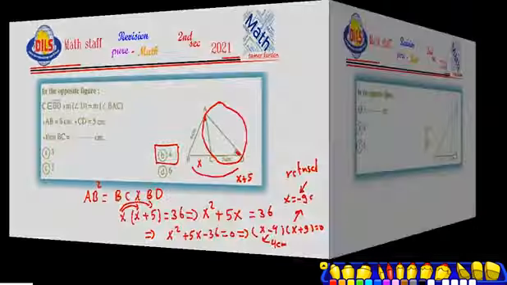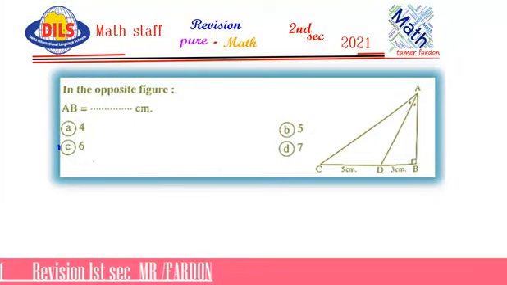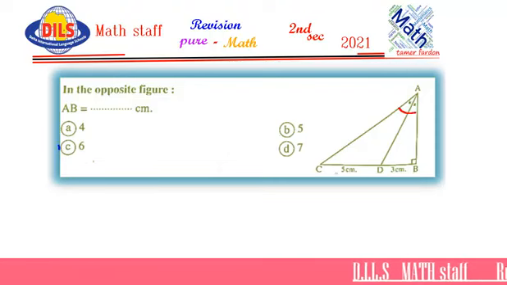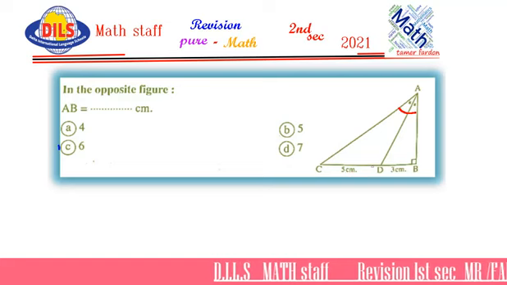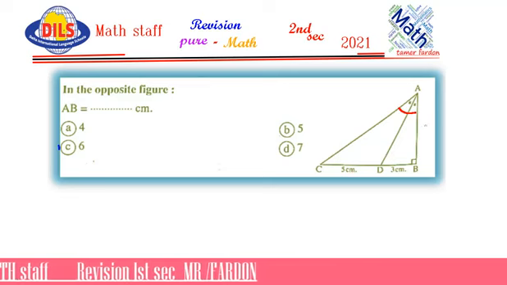Another exercise. In the opposite figure, AD bisects angle A. BD is 3 centimeters, DC is 5 centimeters. Then the length of AB.